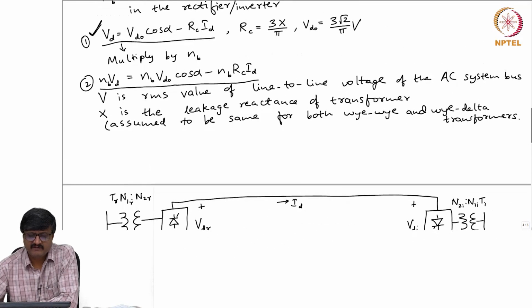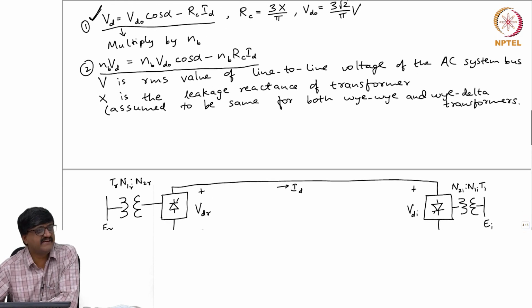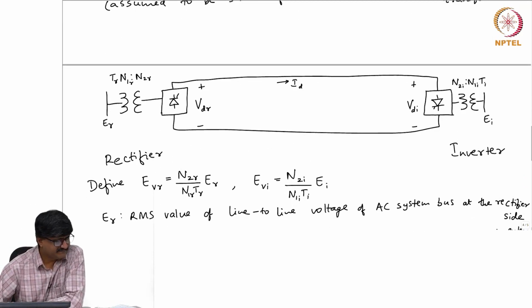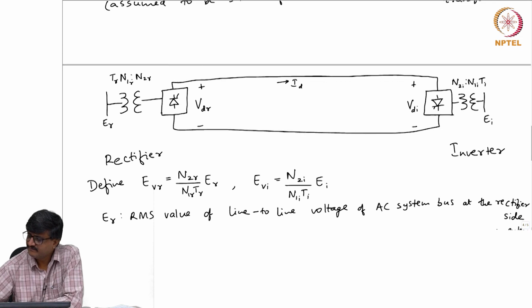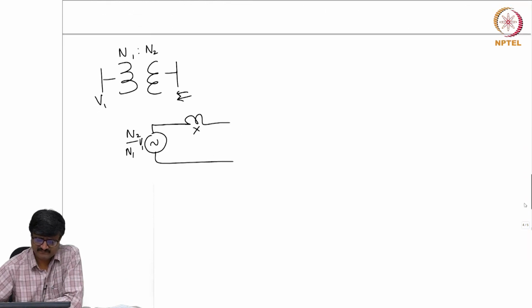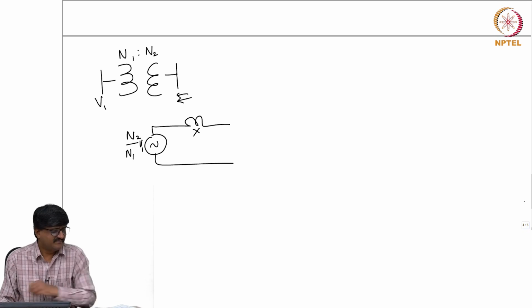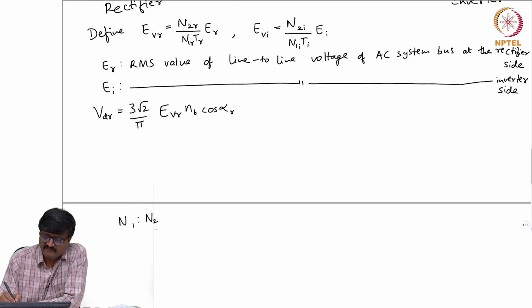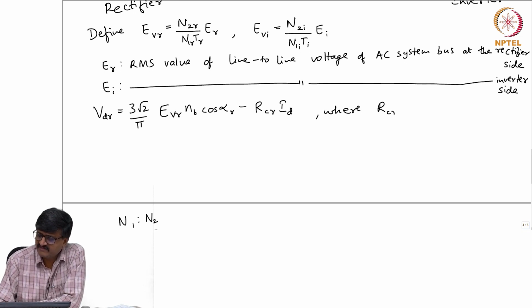Now, what is the second term on the right hand side? Minus NB RCID. If you look at equation 2, there is NB RCID. So I will write this as minus RCR ID, where I have just introduced a notation RCR, which stands for NB into RC.